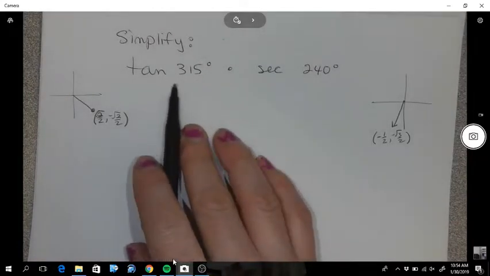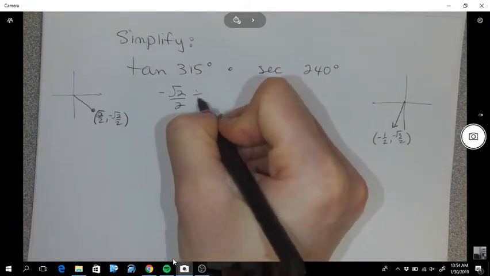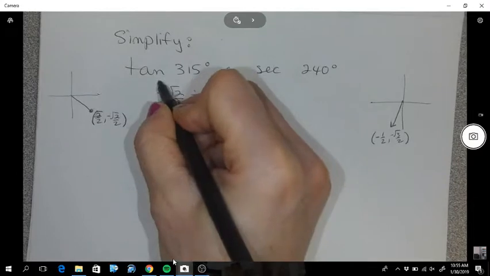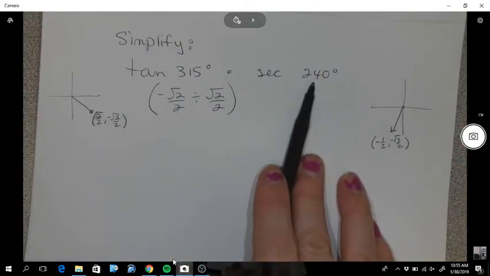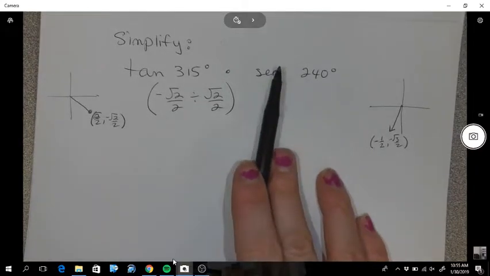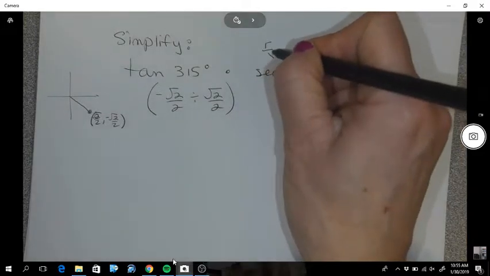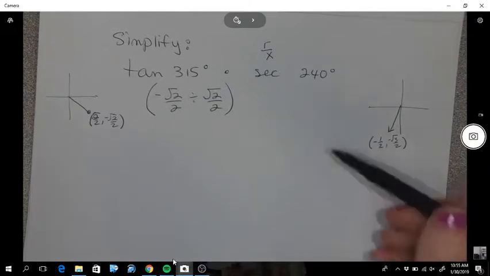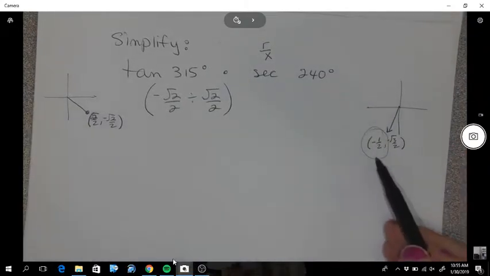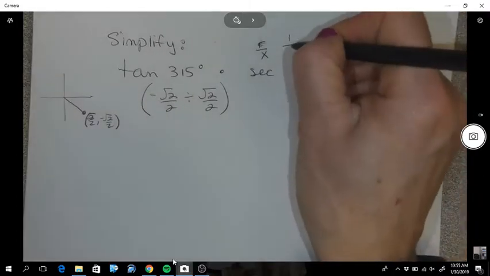So the tangent is the y divided by the x. And when I take the secant, that's the opposite of my cos. So opposite of cos would be taking the opposite of that x value, okay, because the r is 1, so 1 over x.